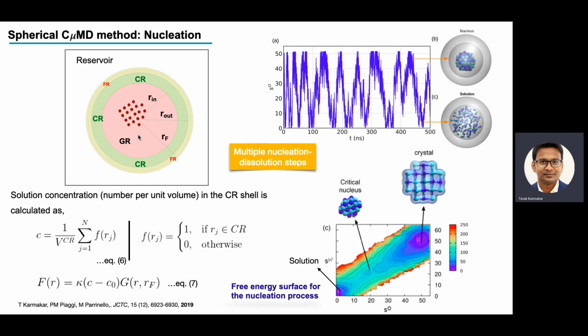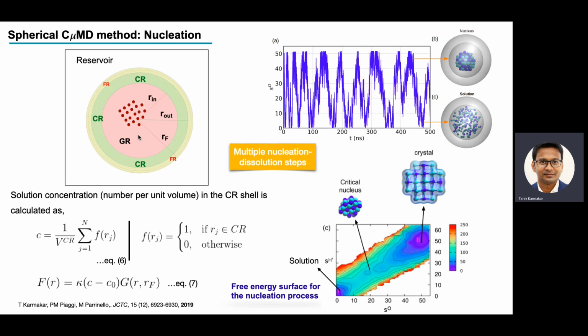On the schematic, we have the pink region, which is the growth region where the nucleus will grow, and we apply bias such that the nucleus grows in this particular sphere. Surrounding it we have concentric spheres: the control region just outside of the growth region, followed by another shell which is the force region, and the rest of the box is a reservoir.